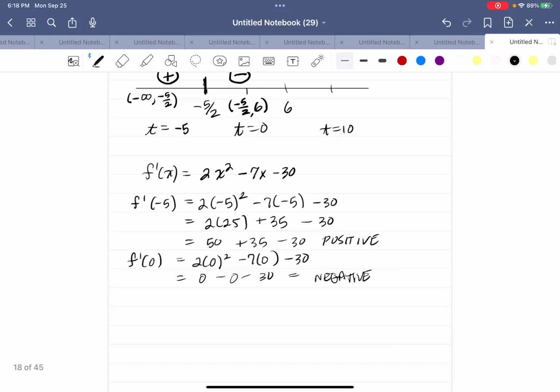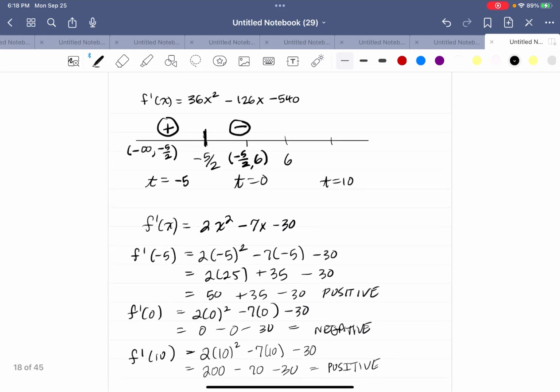And then checking on the right-hand side, f prime of 10 will be 2 times 10 squared minus 7 times 10 minus 30, which is 200 minus 70 minus 30, and this is going to be positive again. So the interval on the right is positive, and that is from 6 to positive infinity.